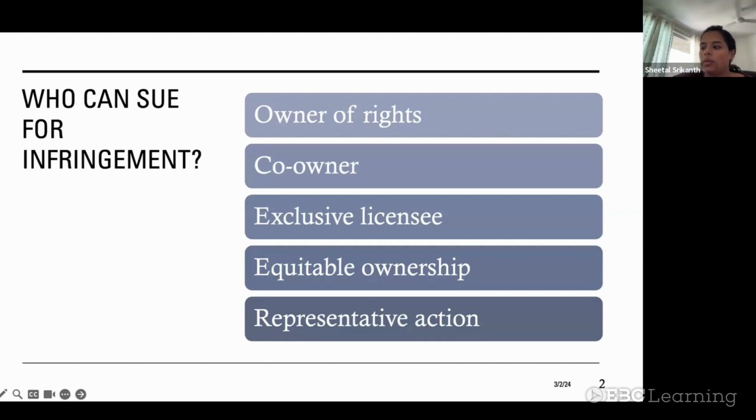And in the third part, we will be discussing how a plaint is drafted in an intellectual property suit, what kind of defenses, both on preliminary issues and on merits, can be taken up in intellectual property disputes, and some civil remedies that are available to an intellectual property owner who files a civil suit for infringement.